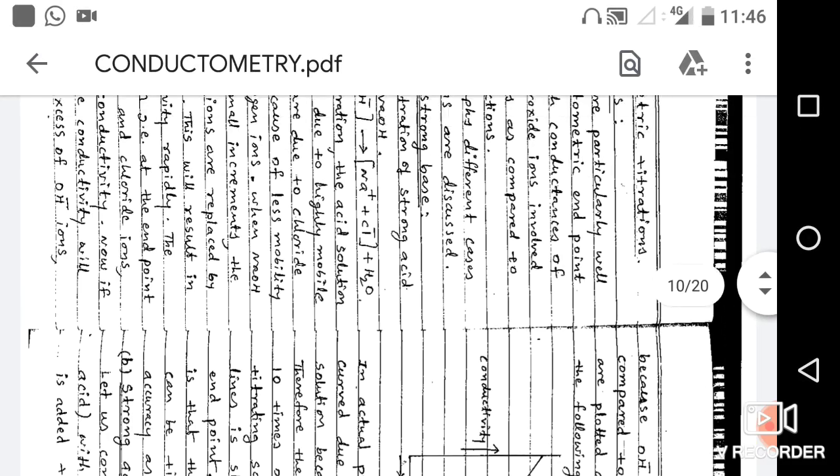The salt produced suppresses the ionization of the acetic acid due to the common ion effect, and the conductance decreases slightly with further addition of NaOH, which reacts with the CH3COOH to produce highly dissociated CH3COO minus Na plus salt, which causes the conductance to increase slowly with the addition of NaOH.